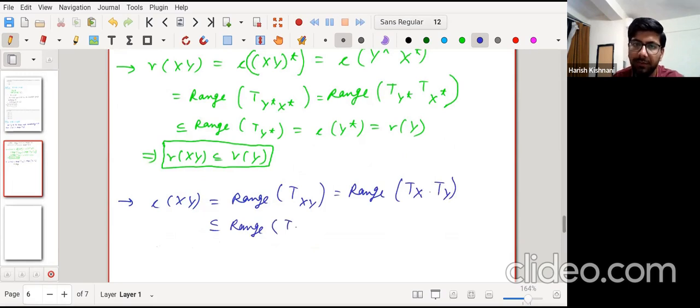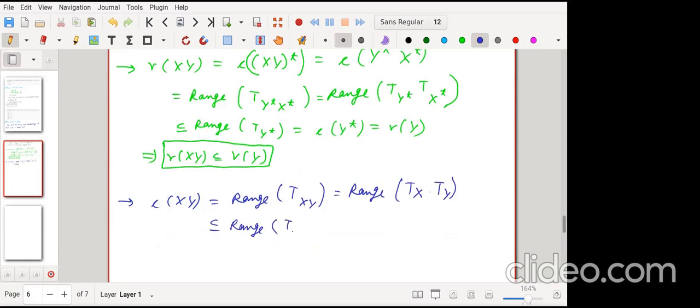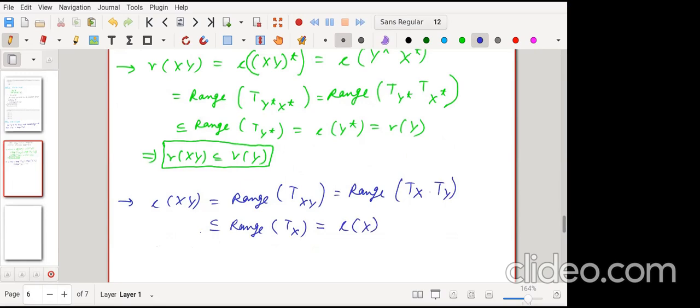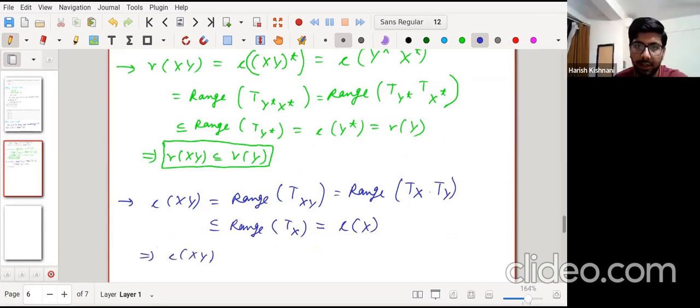What should come here? TX. Yes, TX. And now can you complete what it should be? C of X, right? Yes, C of XY is contained in C of X.